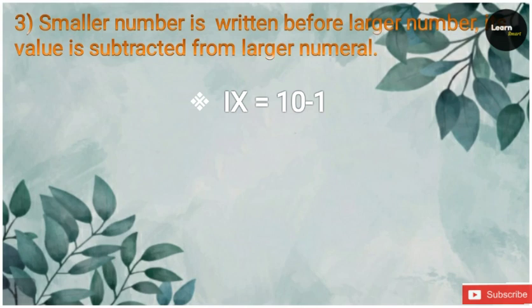So, is the smaller number before the larger number? Yes. So, we subtract it. 10 minus 1 equals 9. In IV, I represents 1, V represents 5. It means 5 minus 1 equals 4.